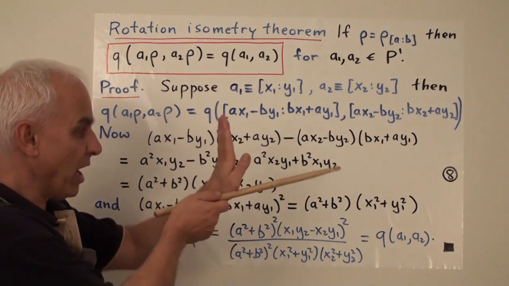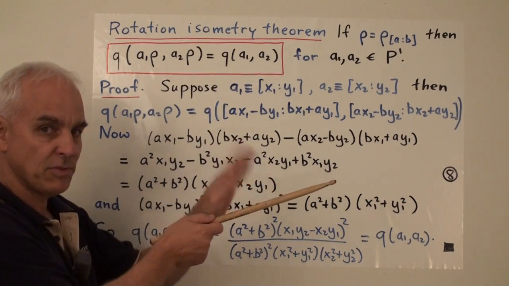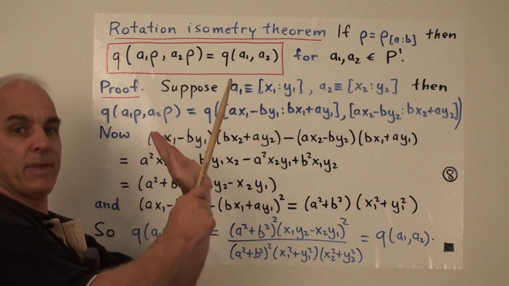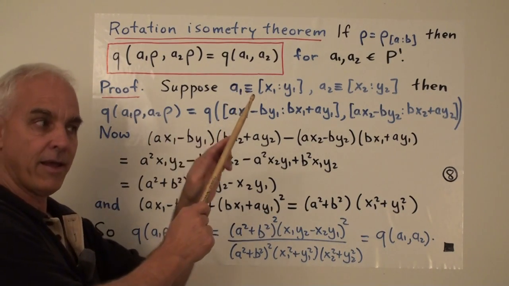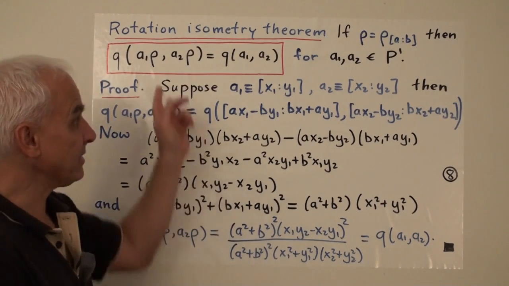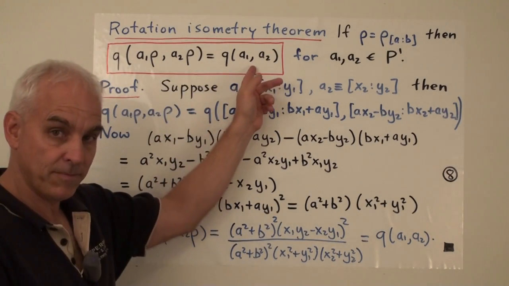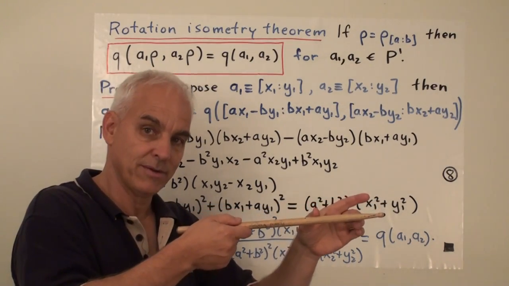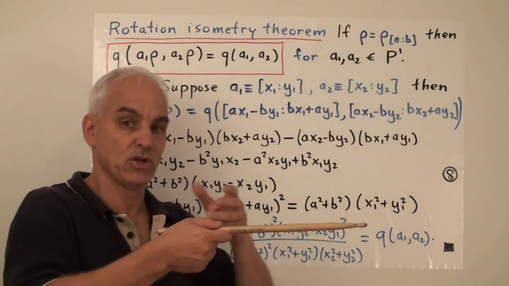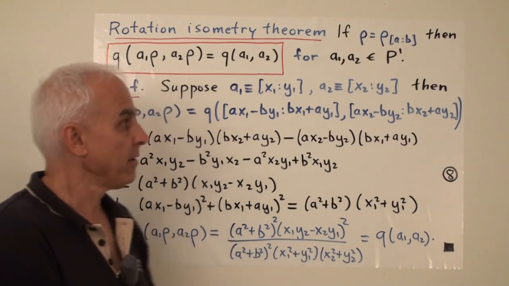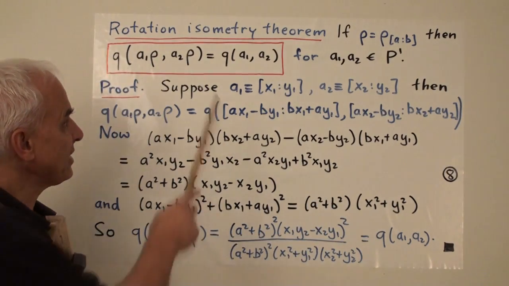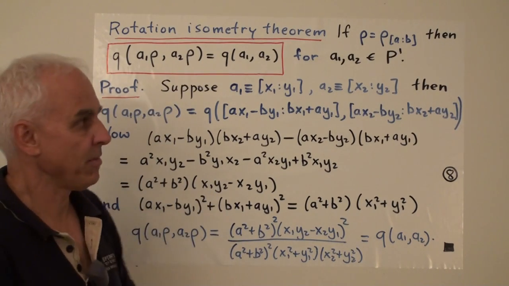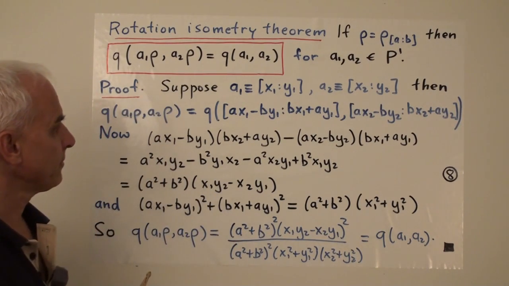So you take any two lines, compute the projective quadrance between them, then you apply this rho, so both of them get rotated, and the new quadrance between them is the same as the old quadrance between them. Exactly the same kind of thing that happens with translation in the affine situation. It preserves quadrance. So this is now deserving to be called an isometry because it preserves quadrance.